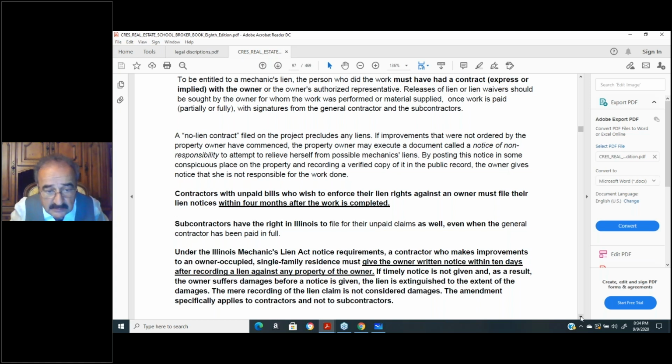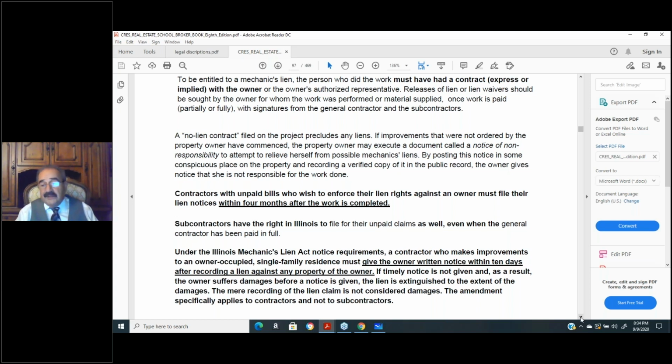Mechanic's lien, state exam question, must be filed within 4 months after the work is completed. Within 4 months after the work is completed. Their lien rights expire after 2 years, but the mechanic's lien must be filed within 4 months after the work is completed.